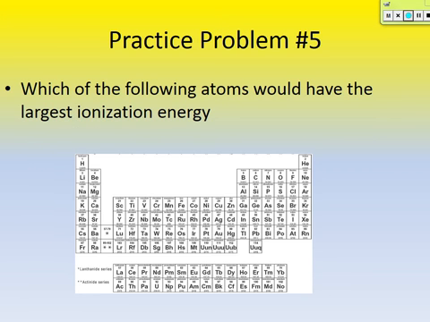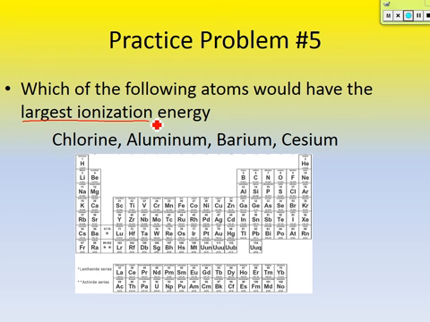Okay, practice problem number 5. Which of the following atoms would have the largest ionization energy? Let me point them out. Chlorine sits right here. Aluminum, barium, and cesium. Remember the trend. Now I want the one with the largest.